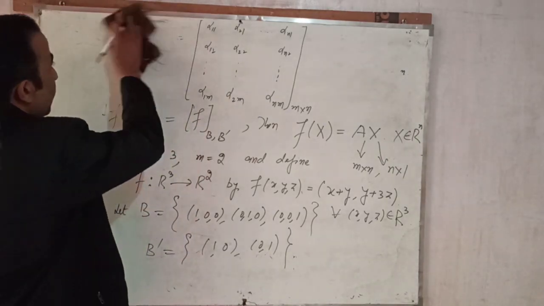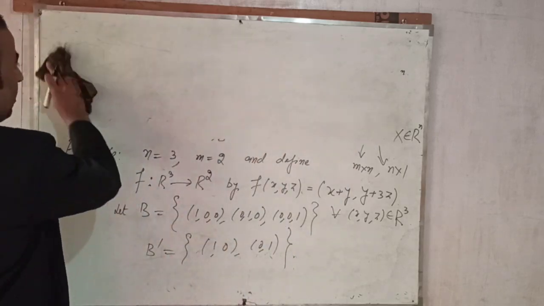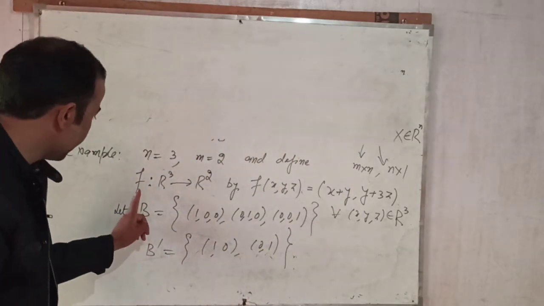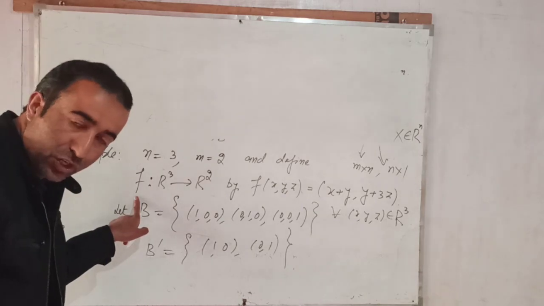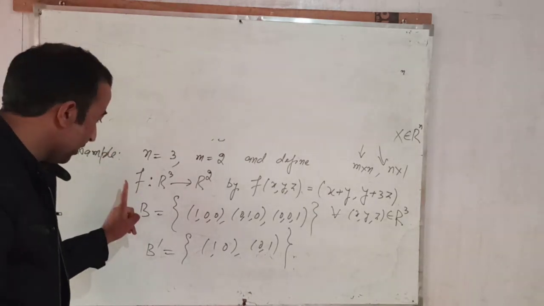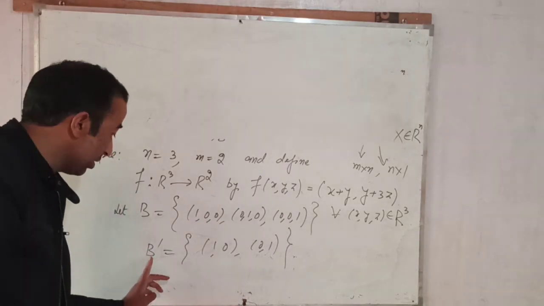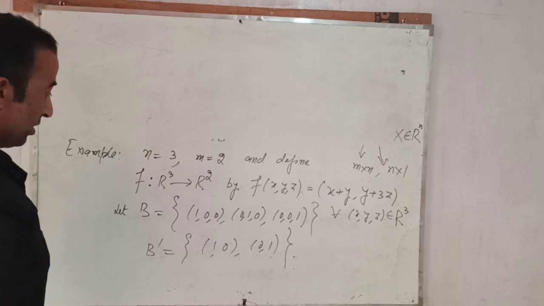Now how to construct? As we have seen, we will calculate the value of this linear function at every point of the basis B, and all those values we will express as a linear combination of elements of B dash.